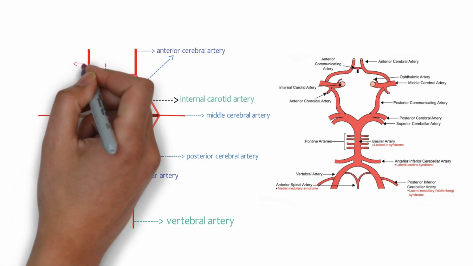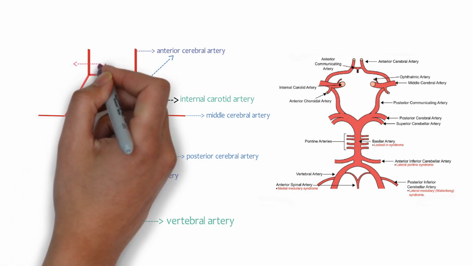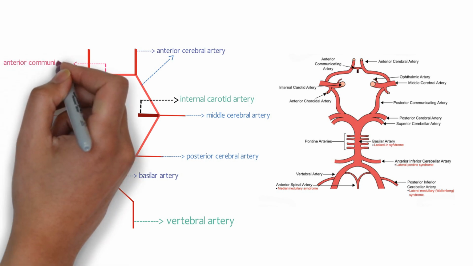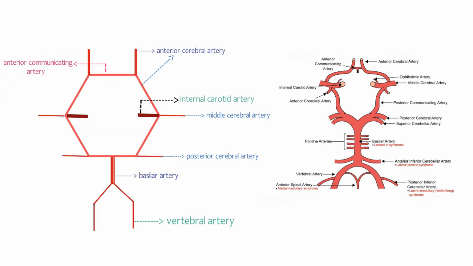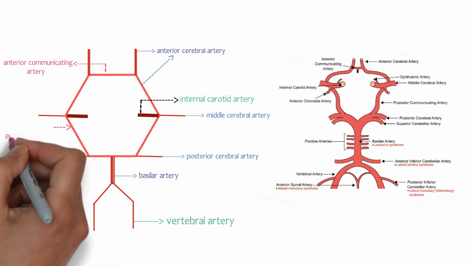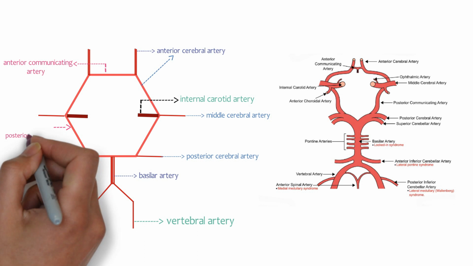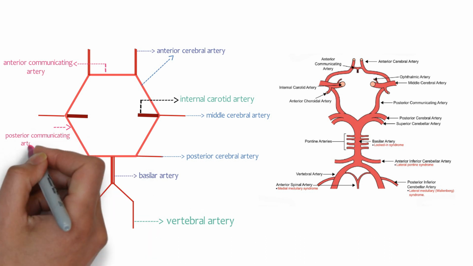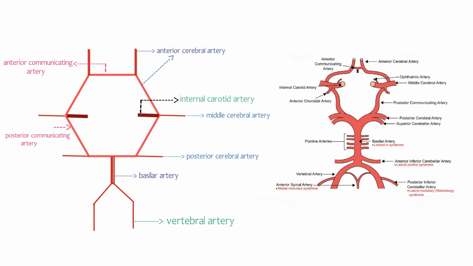So this is the anterior communicating artery, which forms a communication between the two anterior cerebral arteries, easy to memorize. And this is the posterior communicating artery, which forms a communication between the posterior cerebral artery and the middle cerebral artery. Yes, so it is quite an easy way to learn the circle of Willis.